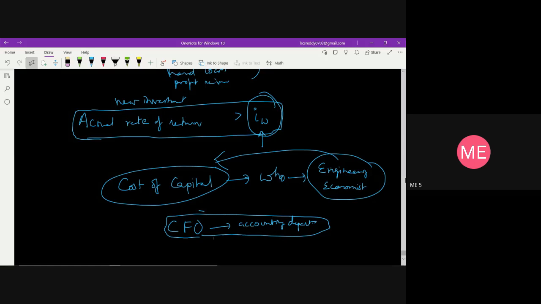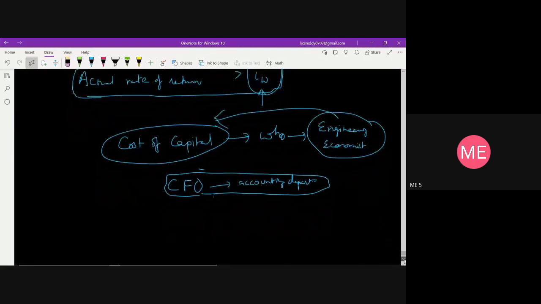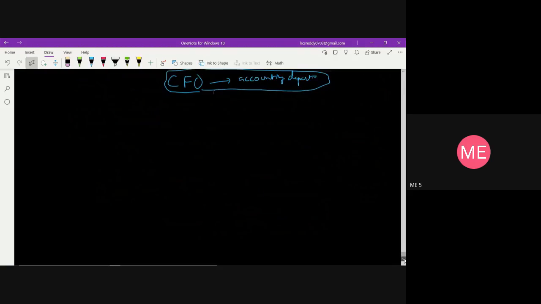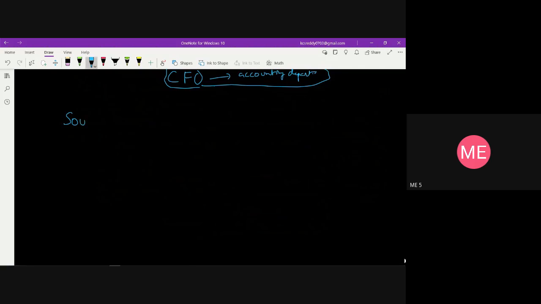With this we are going to complete this module. Before that, we just discuss some of the sources of funds, from where we can generally get funds in any particular organization. See here, for example, sales is a source of funds, and funds flow.